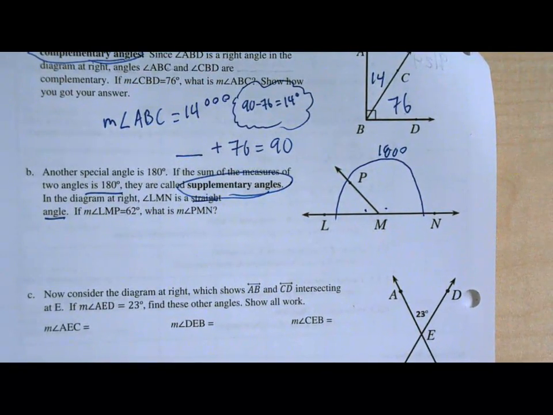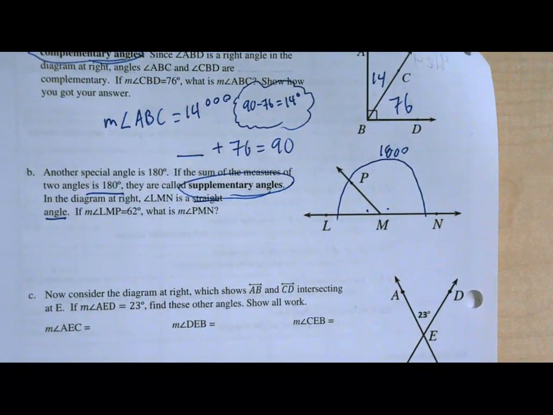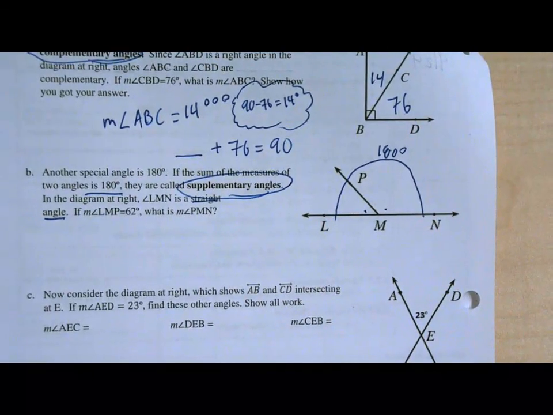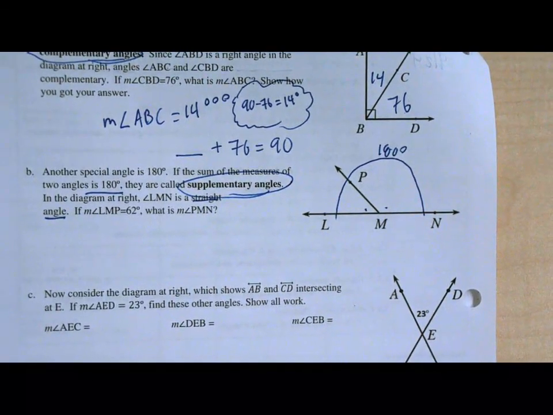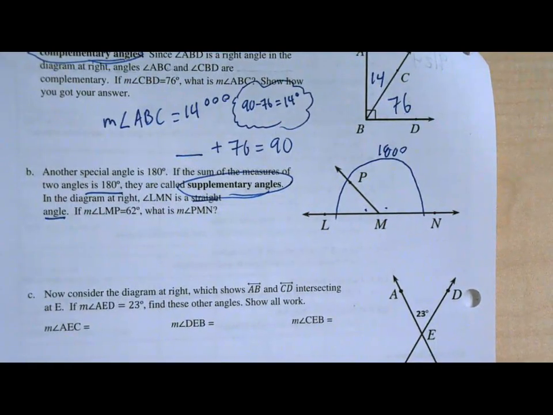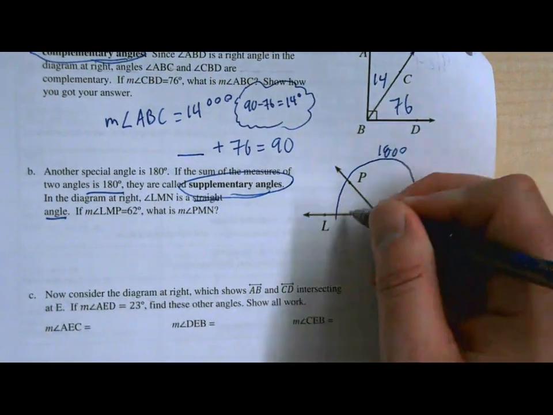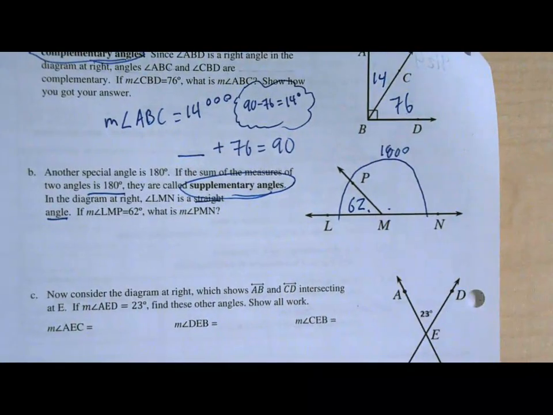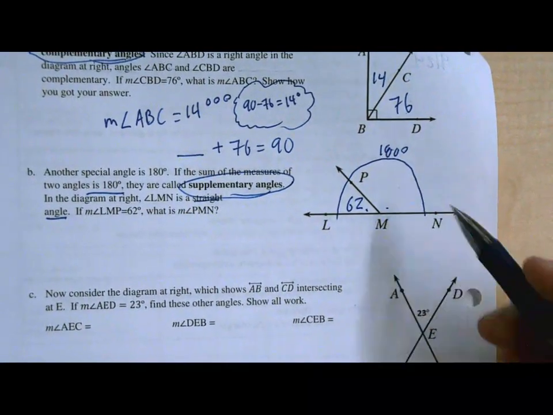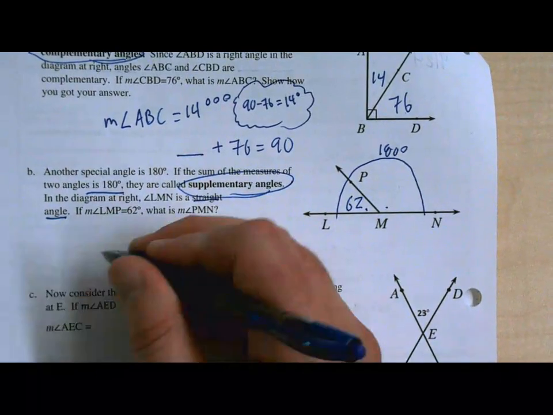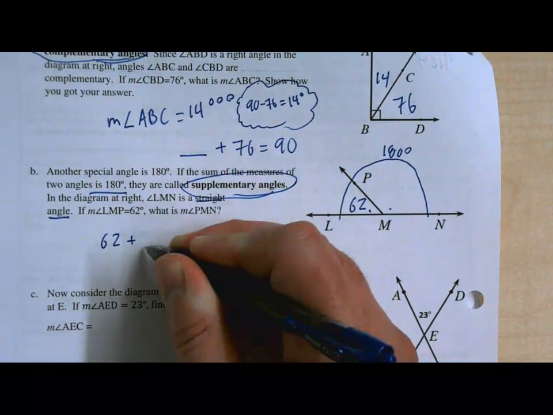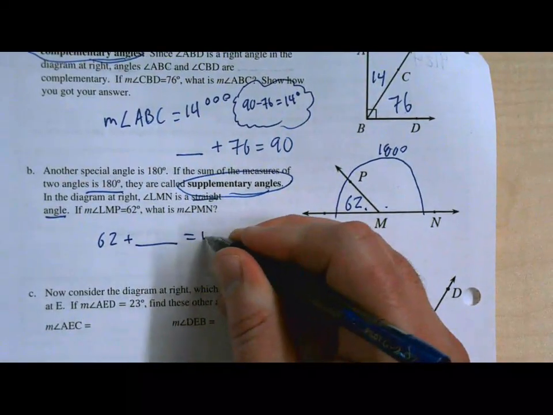In the description here, they tell us that angle LMP is 62. Could you please write 62 in the proper place in this picture? Which of those angles is 62? LMP is 62. And then let's see if we can figure out what our other angle is going to be. So I'm thinking in my head, 62 plus whatever that other angle is has to give me 180.